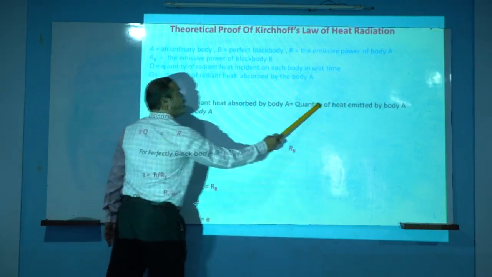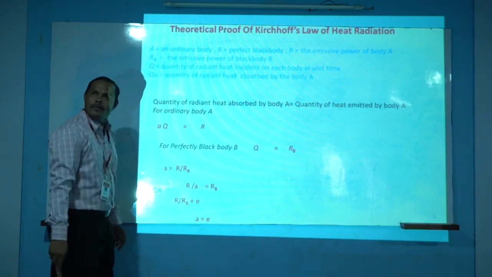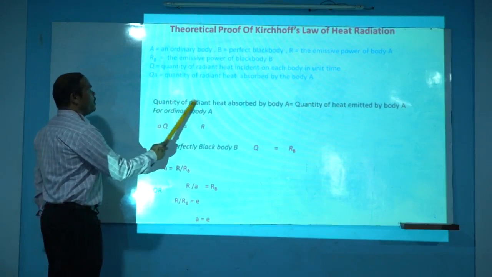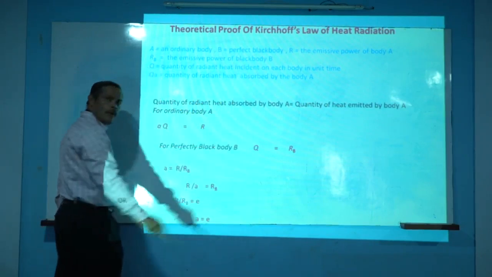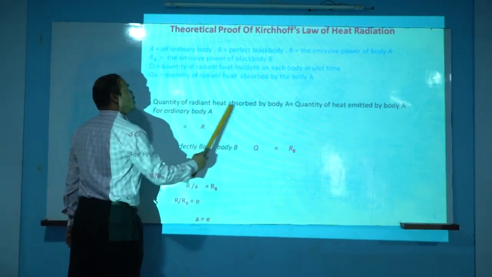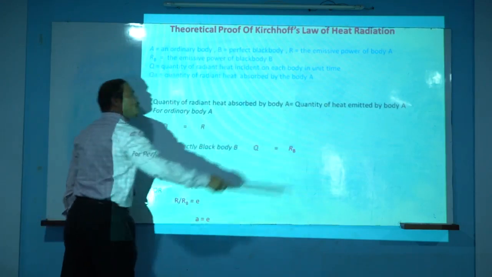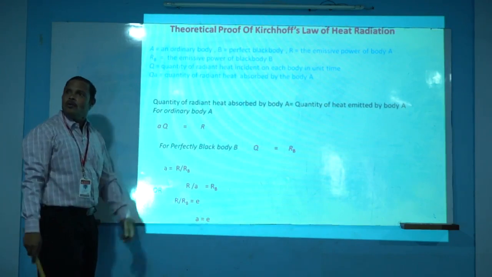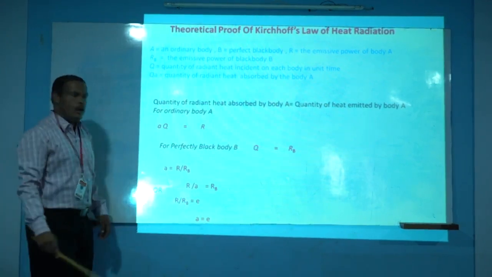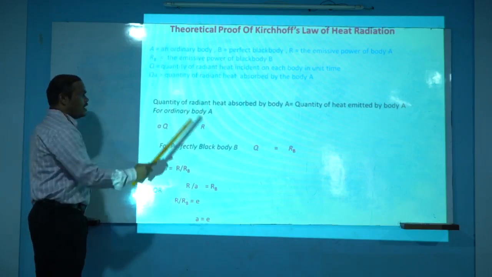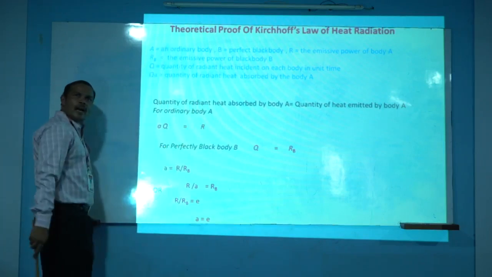So the quantity of heat radiation emitted by the body means the rate of emission, and the quantity of heat radiation absorbed by the body is the rate of absorption. So the rate of absorption is equal to the rate of emission. According to the definition of emissive power, this becomes aQ, that is the rate of absorption, equal to the rate of emission, that is R.